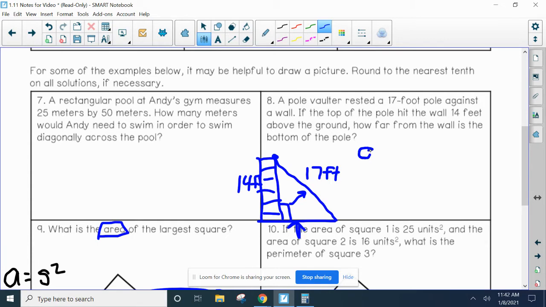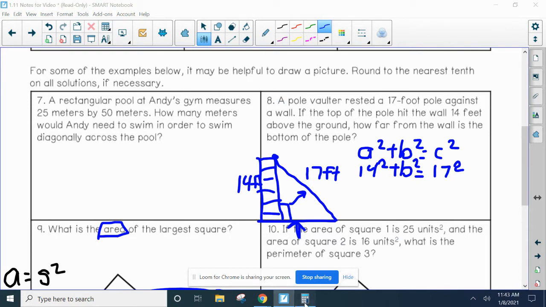We have a squared plus b squared equals c squared. Our pole is going to be our hypotenuse, so 17 squared. Our wall is going to be one of our legs, 14 squared plus b squared equals c squared. Can you see that? When we draw it out, we can see our right triangle and that we are missing a side length and not a hypotenuse this time.